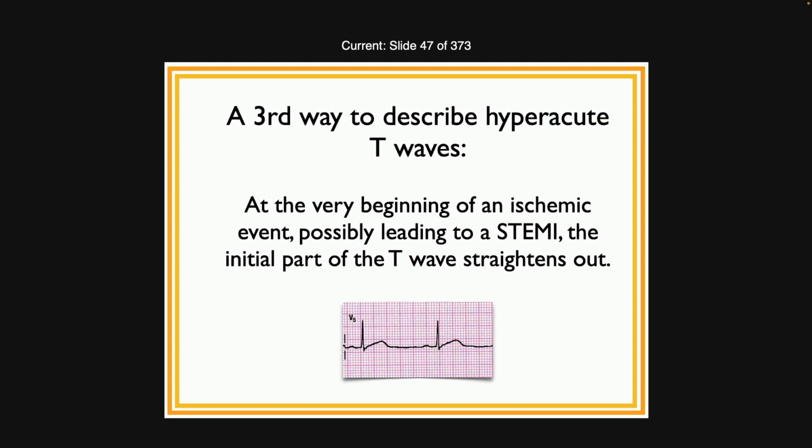But what happens is as ischemia develops, that ST segment starts to tip up and it kind of merges into the T wave. And we're no longer able to say where the T wave starts and the ST segment ends, which is why we use the J point for our point of elevation or depression, okay? But in this case, we're talking about that ST segment T wave part, how it becomes straight.